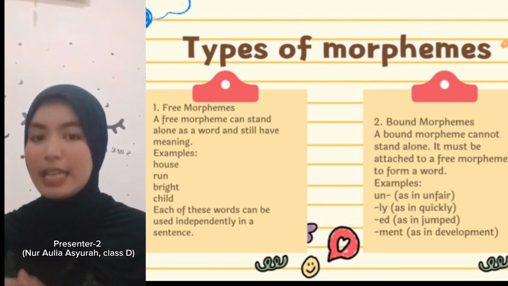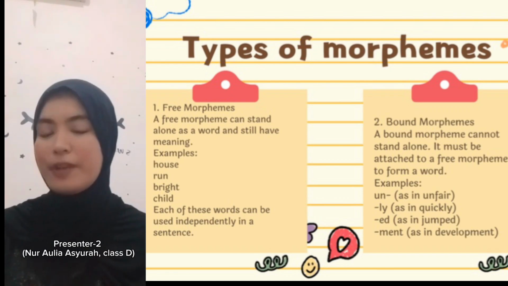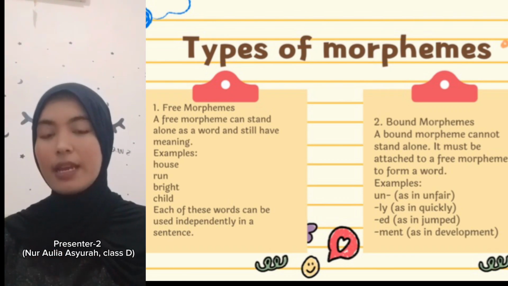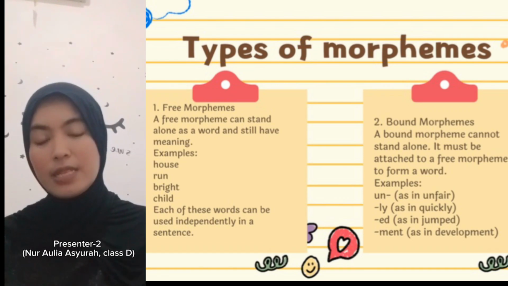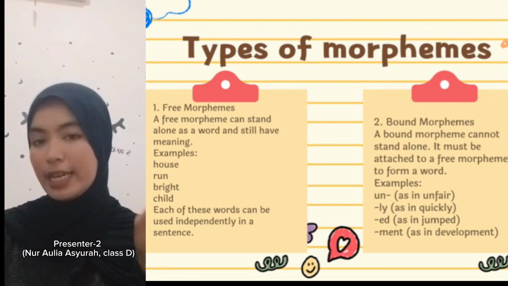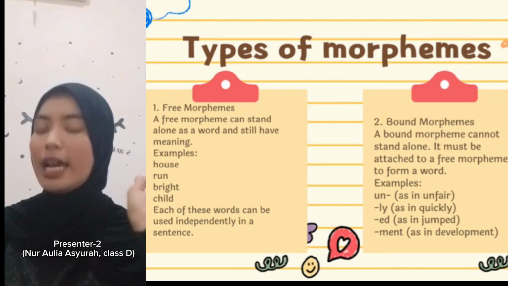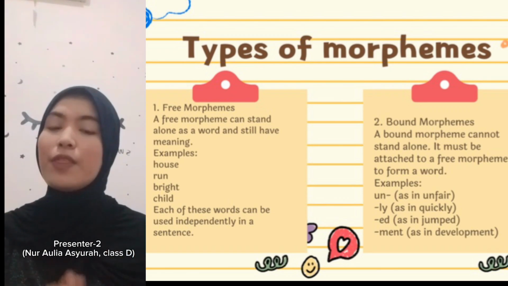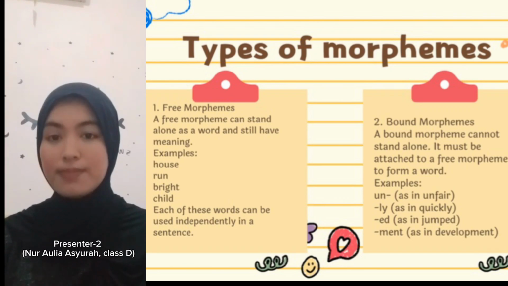Un is a bound morpheme, and happy is a free morpheme. Teacher: teach is a free morpheme, and er is a bound morpheme. Bound morphemes function to first, add new meaning, second, modify grammatical function, and third, adjust word forms in a sentence. Therefore, without a free morpheme, a bound morpheme cannot stand on its own.